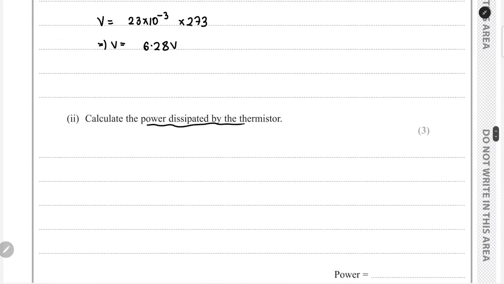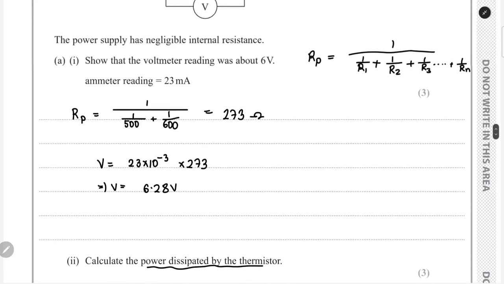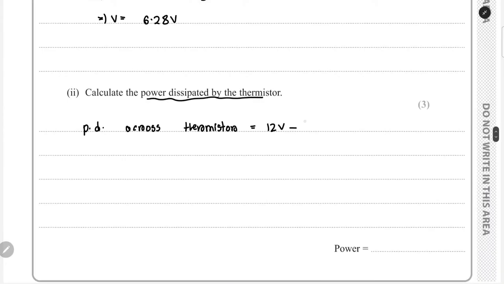Now in the next question we have to find the power dissipated. Now we need the potential difference across the thermistor. This will be the total voltage, which is 12 volt, minus the voltage across this parallel combination, or 6.28 volts. This is the potential difference across the thermistor.